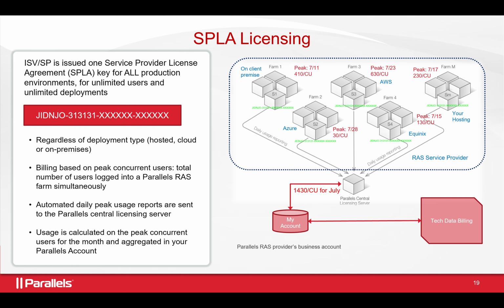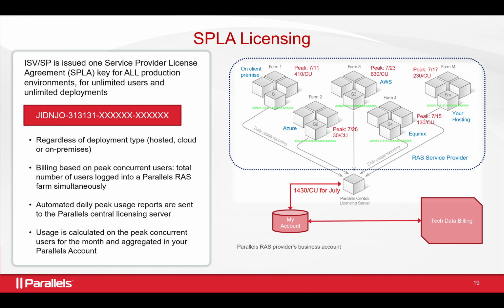We sum that total up, and in this instance we came up with 1,430 concurrent users for the month of July. That's the quantity we would use to bill against a rate table. But again, we automate that, so we count daily. There's a small secure socket layer transmission of text information about each farm's utilization for the day, the high point in the utilization.